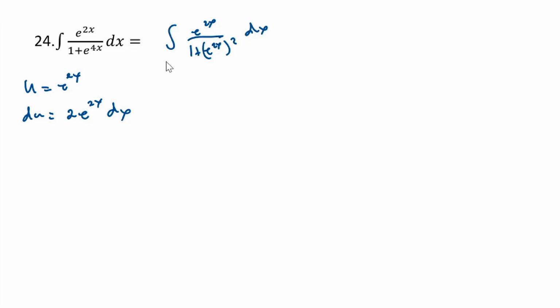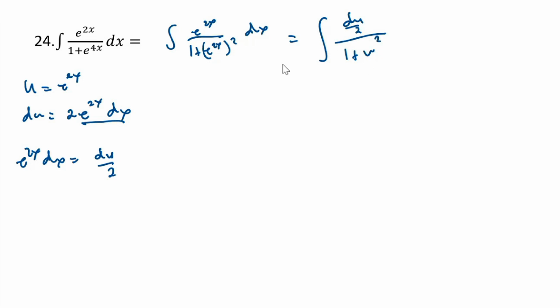So we can see that e raised to 2x dx is equal to du over 2. So we can now have e raised to 2x dx means du over 2, all over 1 plus u squared, because u here is e raised to 2x.